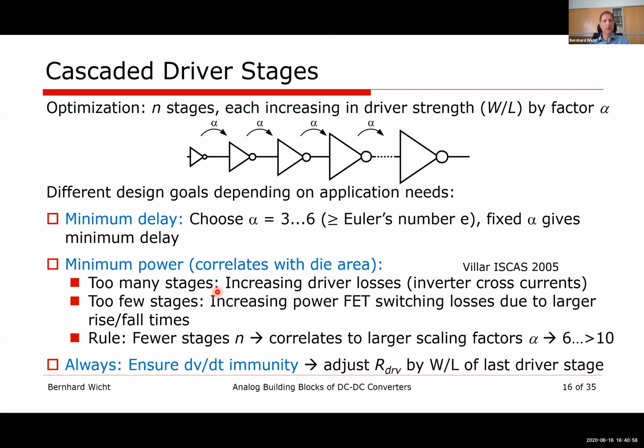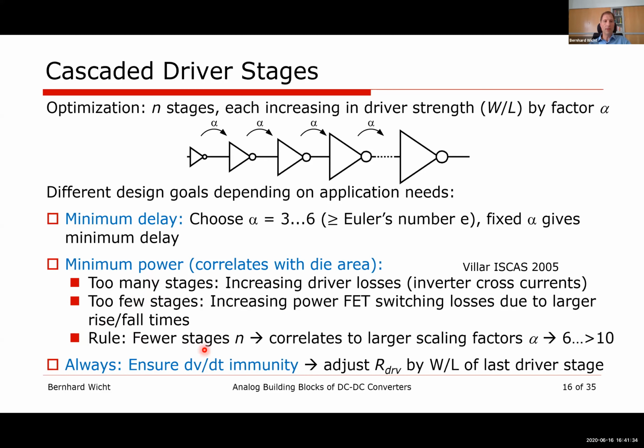Too many stages is not the way to go, but too few stages is also not good, because then our driving strength suffers and we get weak transitions with really slow slopes at the power stage. That not only causes cross currents, it also causes excessive switching losses in the power stage transistor. So somewhere in between is the optimum value of stages and scaling factors.